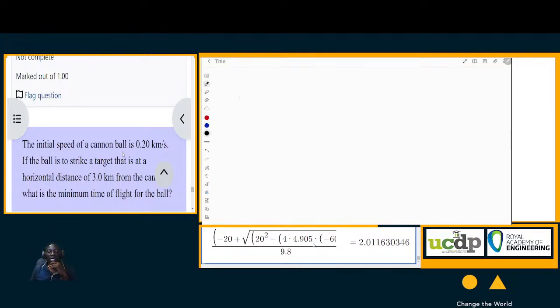The ball is to strike a target that is a horizontal distance of 3 kilometers from the cannon. We want to find the minimum time of flight for the ball. Okay, so 0.2 kilometers per second is the launch velocity.